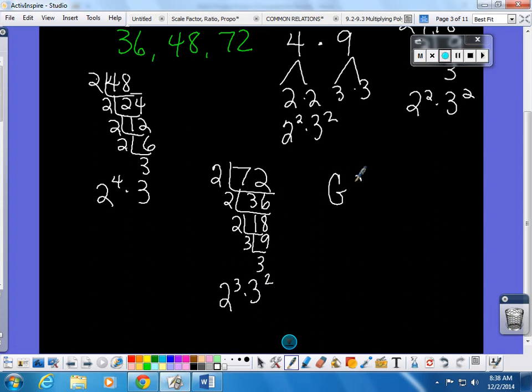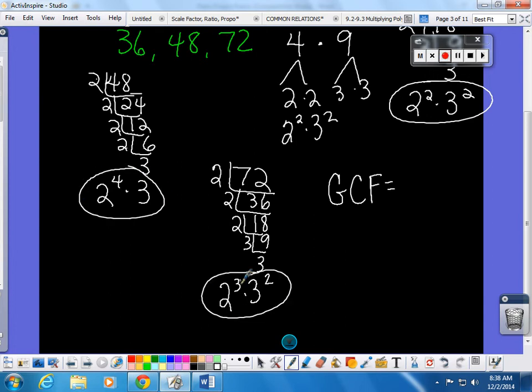Alright, to find the greatest common factor, what factors are common to 36, 48, and 72? Well, all of them have 2's and 3's. Alright, now what is the smallest exponent of 2 that you see in those prime factorizations? Is it 2? Is it 3? Is it 4? 2 is the smallest, right?